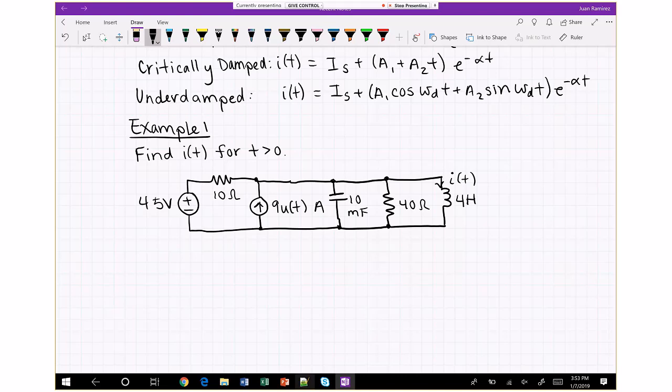So the very first step here is going to be to redraw the circuit. I'm going to convert the Thevenin voltage source, because it has a series resistance with it, to a Norton current source.